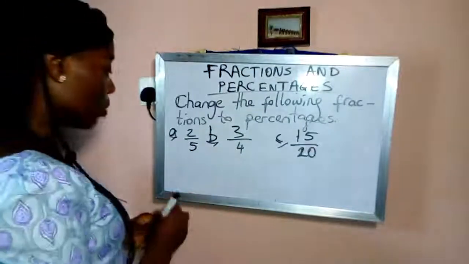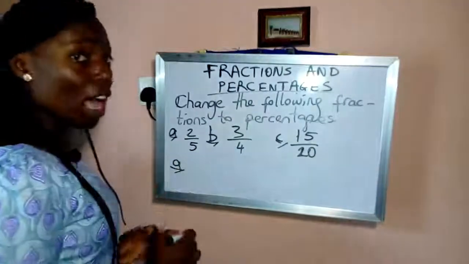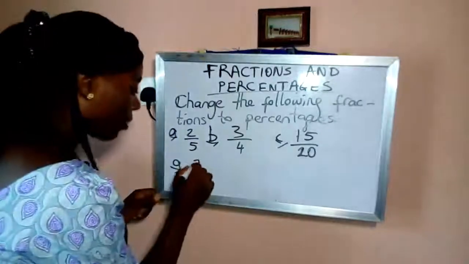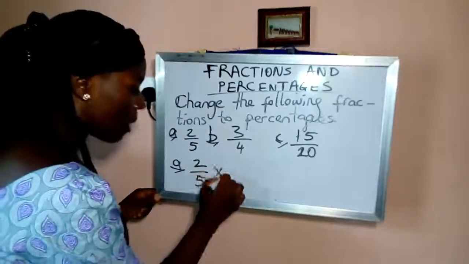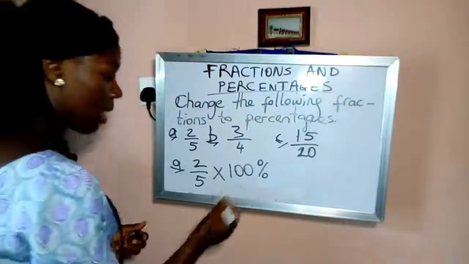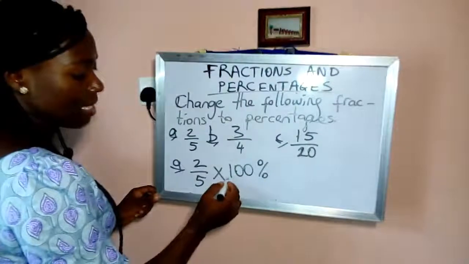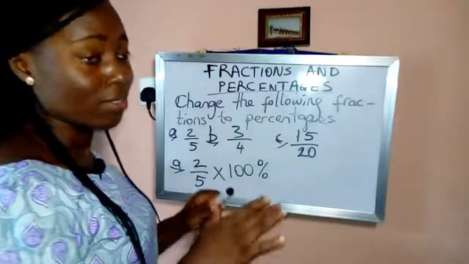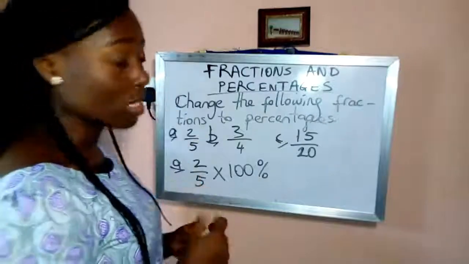Now, what you simply do is you take the fraction you have and multiply it by 100. Okay, so we have 2/5 times 100%. Now remember that underneath every whole number there's an invisible 1 as a denominator.